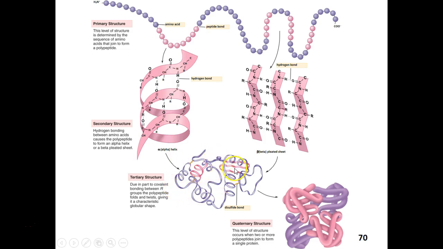So this would be the fully functional shape of a protein. But then some proteins fold into their tertiary form in groups. So here's an example. This is hemoglobin, which has 4 proteins that folded together, forming this quaternary structure.